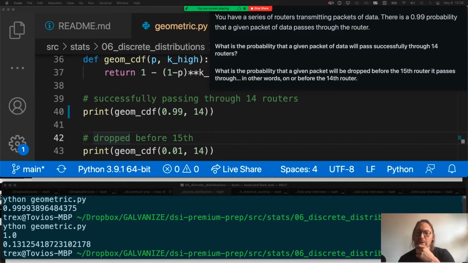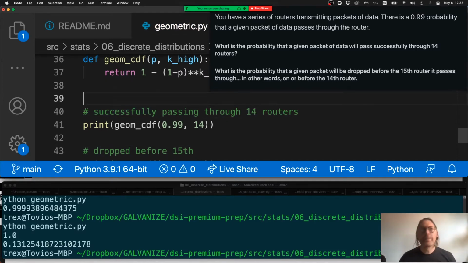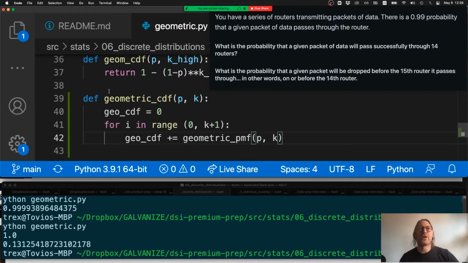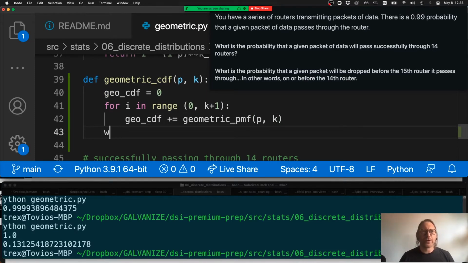Range 0 to k plus 1. Yeah, let's look at this. This is interesting. I don't know why I'm getting hung up on this, but I'm going to grab that accumulator form of this and return. Make sure I return the CDF.